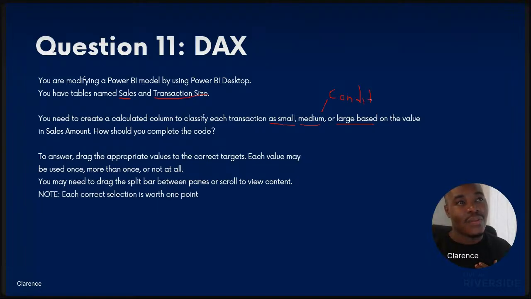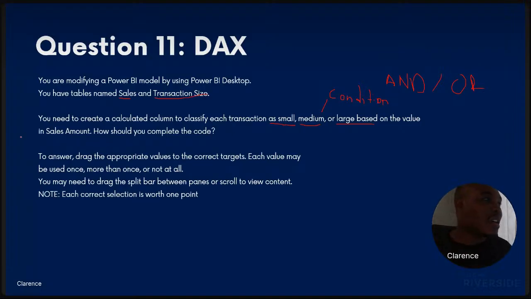Condition. Hopefully this is condition. So we've got a condition over here, right? So if you think about conditions, you're talking about AND and OR, right? Because you need to classify. Classification is probably going to be some conditions and stuff like that, right? To say if it's small, allocate to that. If it's large, whatever, right?